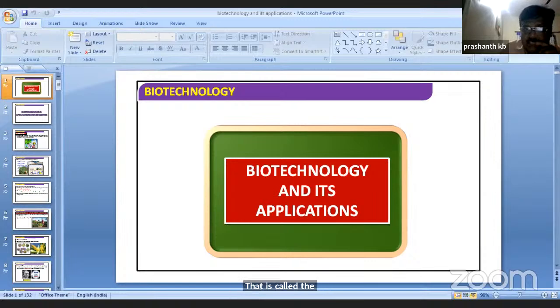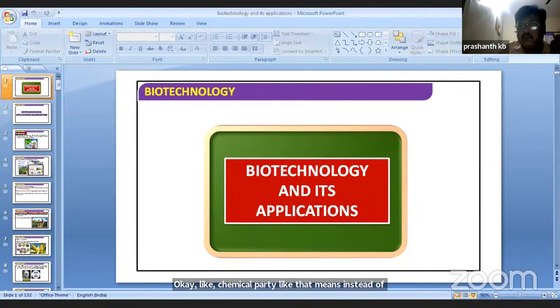Next, pesticide resistance. Instead of spraying chemical pesticide, organic pesticides have now arrived, like BT cotton. For chemical fertilizer, instead of using chemicals, organic fertilizers are used.